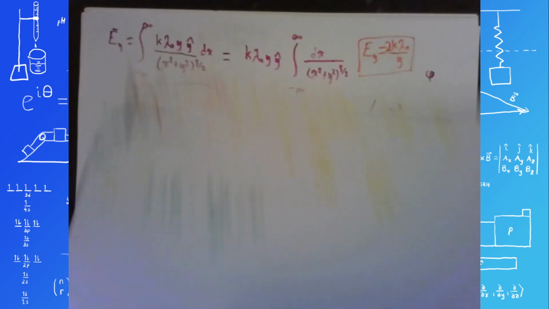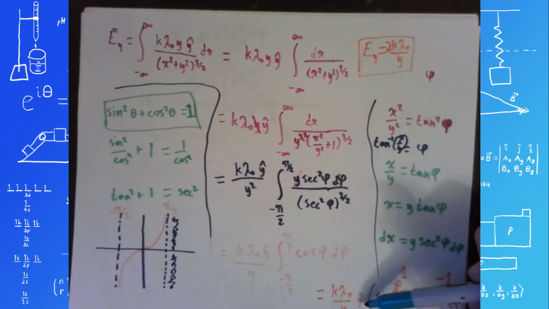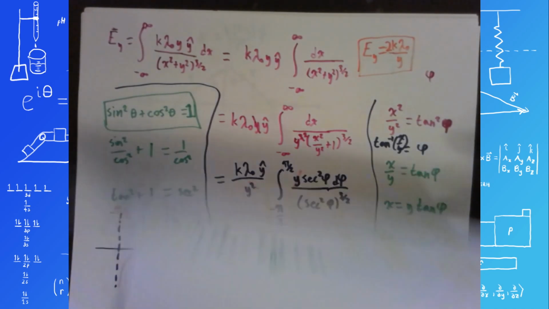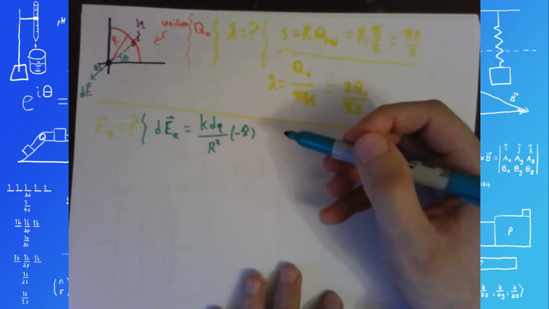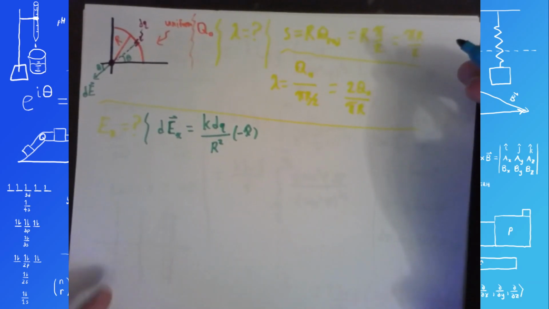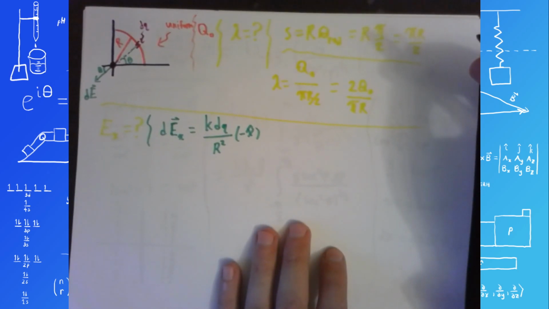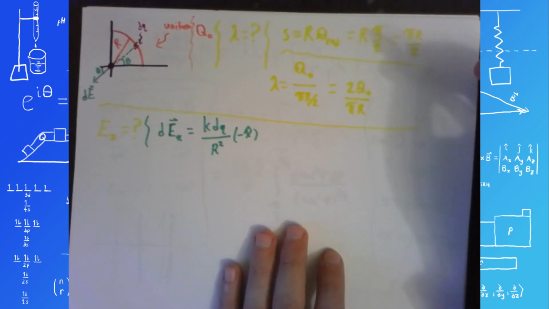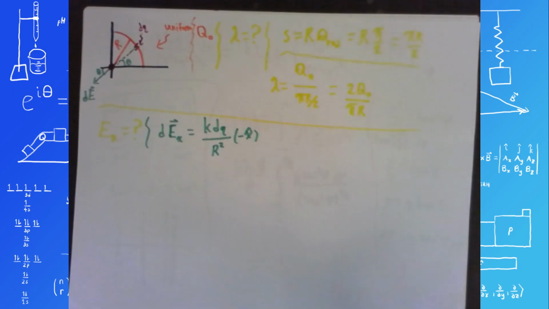And come to think of it, back in this problem when I was saying y hat, we could have also called it j hat if that's more familiar to you. Okay, so what do I want to do next? I guess I want to define dq.